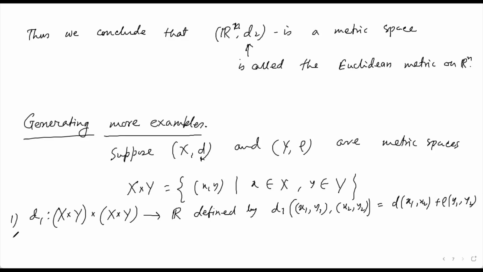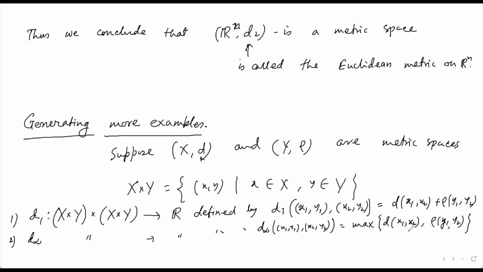And second, we define d infinity with this domain and codomain, defined by d infinity of ((x1, y1), (x2, y2)) equal to the maximum of d of (x1, x2) and rho of (y1, y2). And third one, d2.